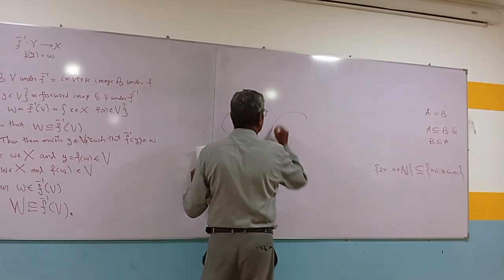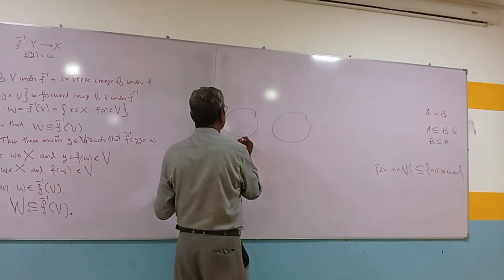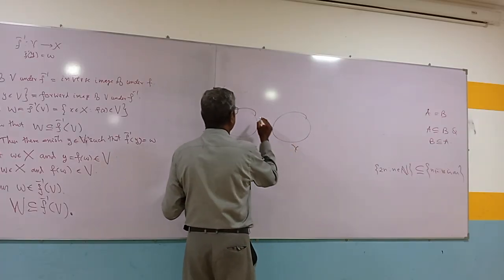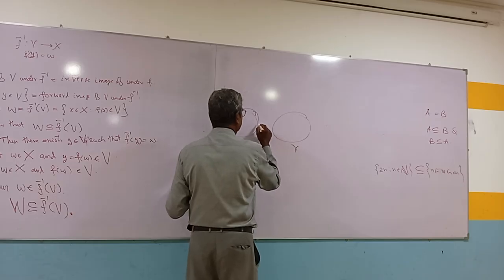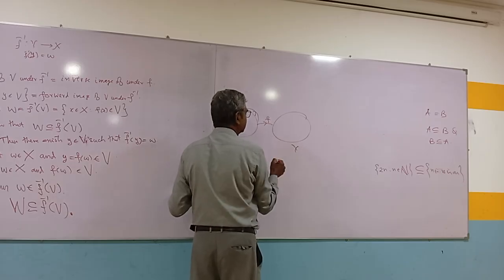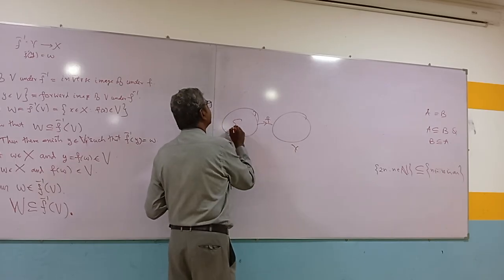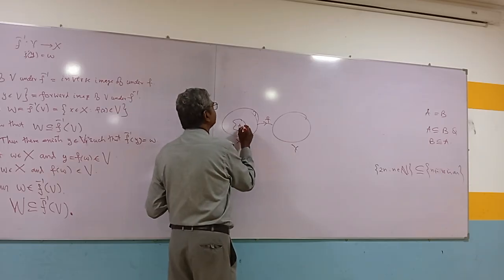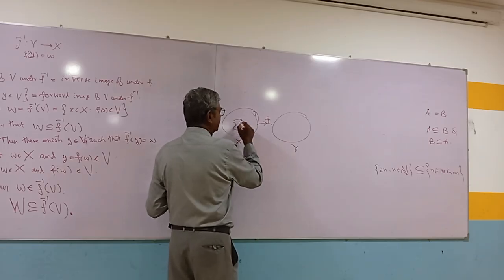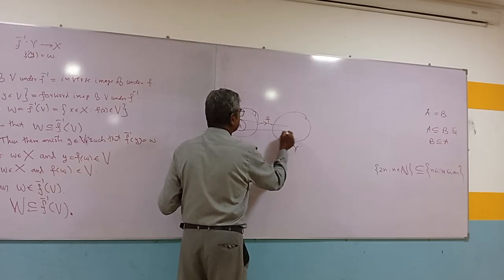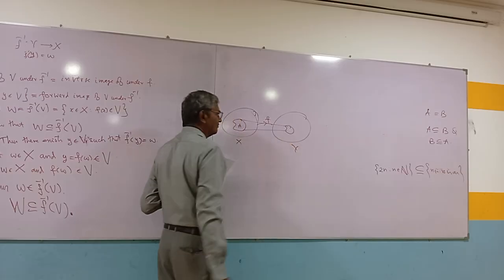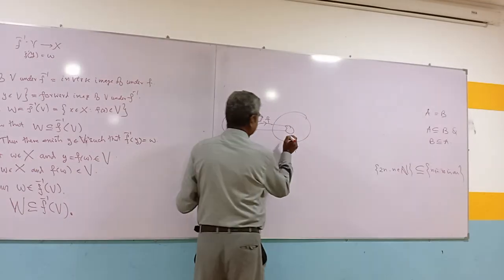You have X, you have Y. This is something you need to know. You have a function F from X to Y. Then you take any set here, let's say A is a subset of X. Then A goes to something here. This is F(A).